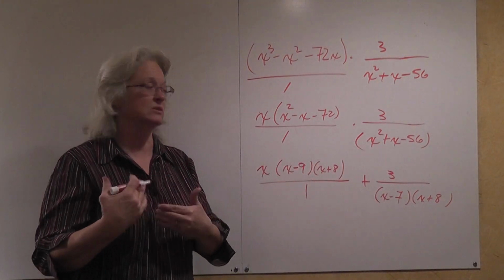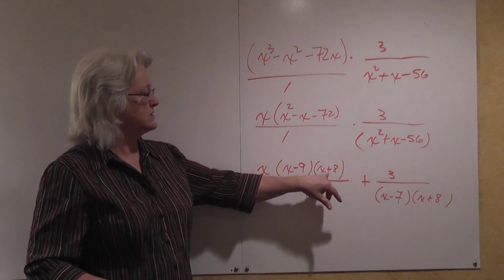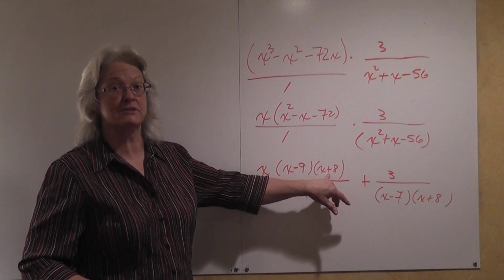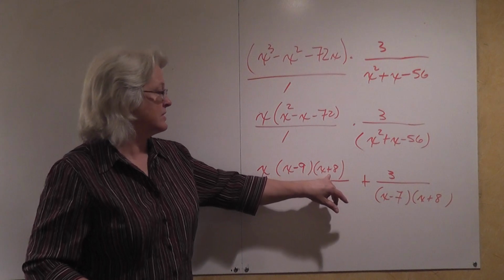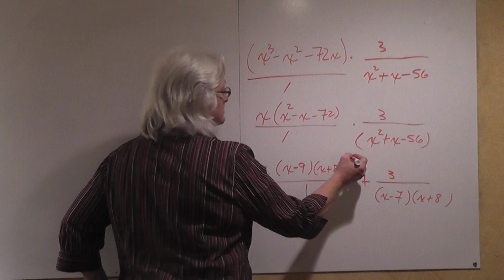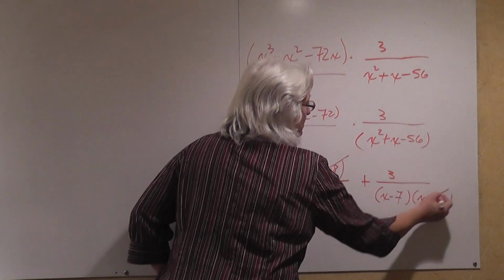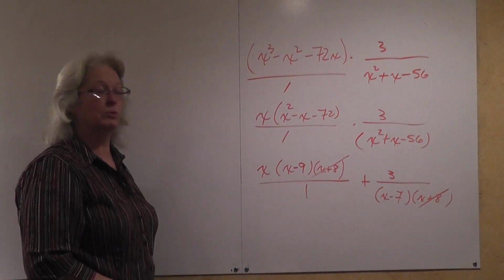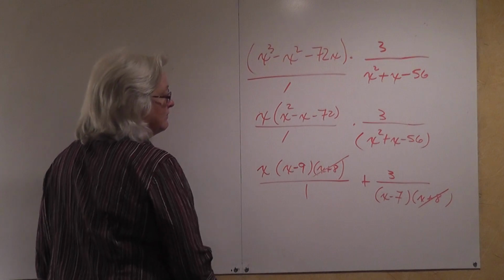And also a little cheat hint here is that we know that in all likelihood we're going to have something that can cancel. So this is the factor right here that's going to cancel. A factor of x plus 8 we find in both the numerator and the denominator. So what do we have left?